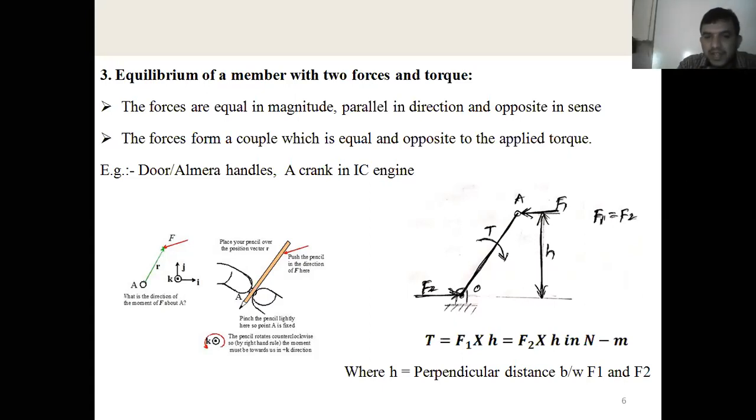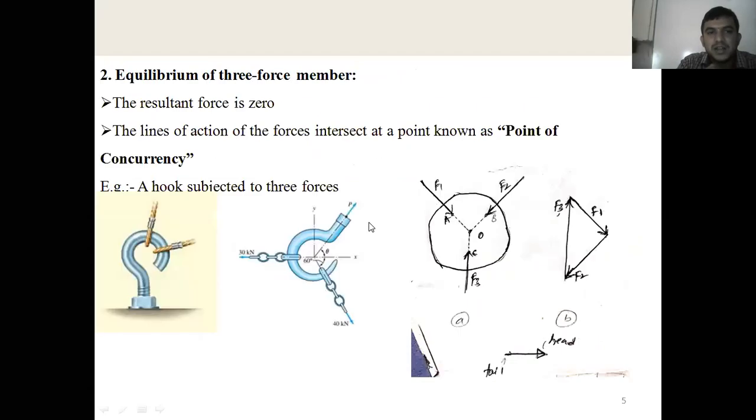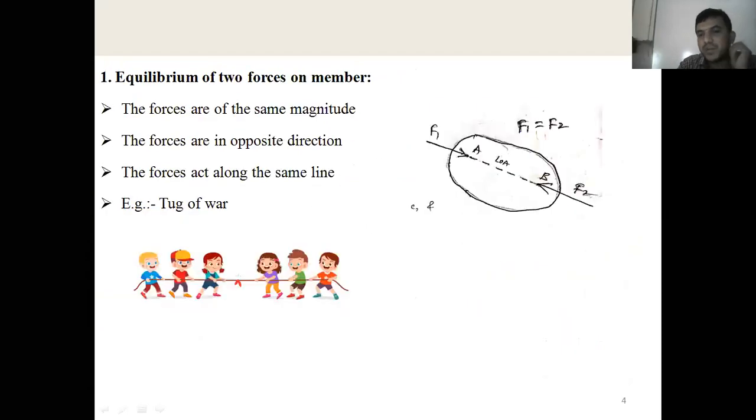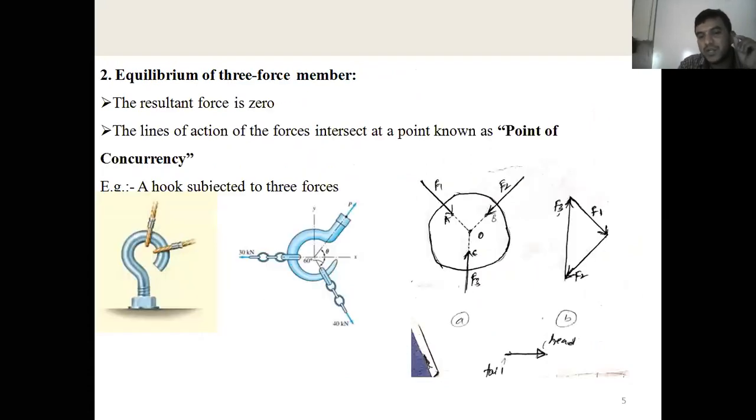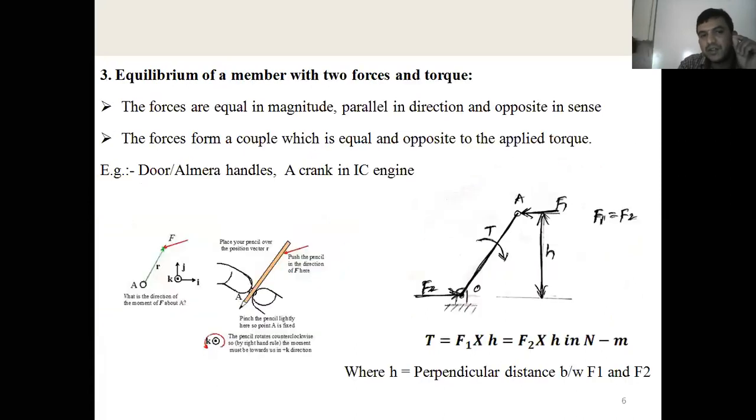And in IC engines or in a slider crank mechanism, the part subjected to two forces and a torque is the crank. Now these are the three equilibrium cases you should remember. One is a member subject to two forces, second is a member subject to three forces, and third is a member subject to two forces and a torque.